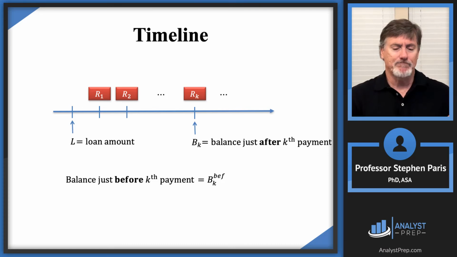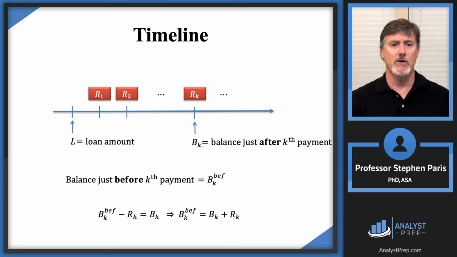If we owe the bank $1,000 and we walk in and make a payment of $100, then now we owe the bank $900. So symbolically, the balance just before the payment minus the payment amount gives the balance just after the payment. Rewriting this, solving for the balance before the payment, we get that the balance just before the payment is the balance just after the payment plus the payment amount.